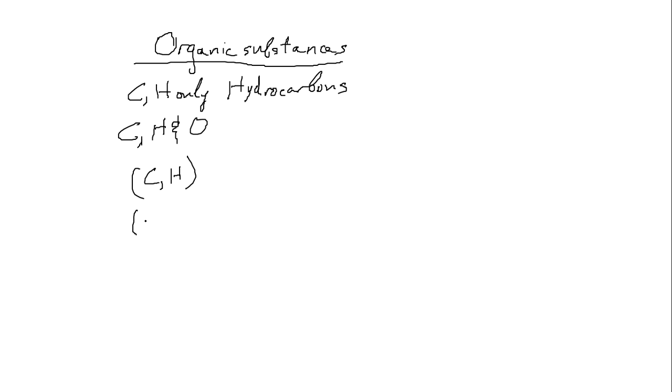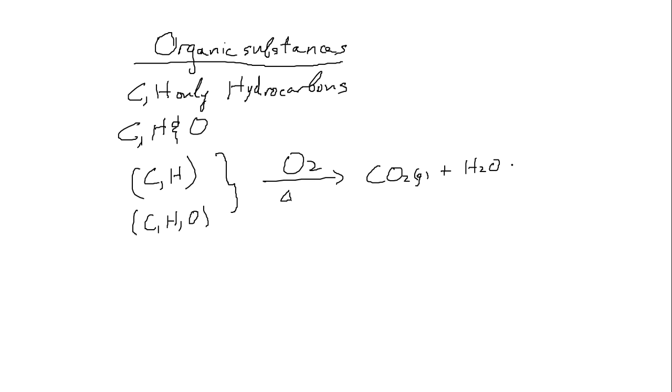Or if your compound contains carbon, hydrogen, and oxygen, then in both cases, when they are burnt in air, in other words, when it reacts with oxygen, and if the reaction is complete, then the products will always be CO2 gas and H2O liquid. All right, so when it comes to these kinds of compounds, these will be the products always.